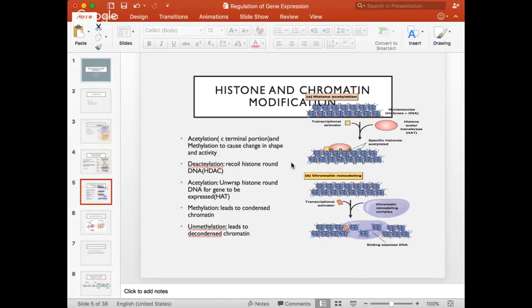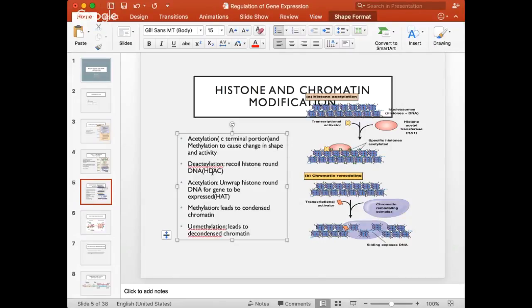We do this by removing the acetyl group, and this makes the decondensed structure condensed. So this way, the transcription will be inactive, and then we won't get that gene to be expressed.